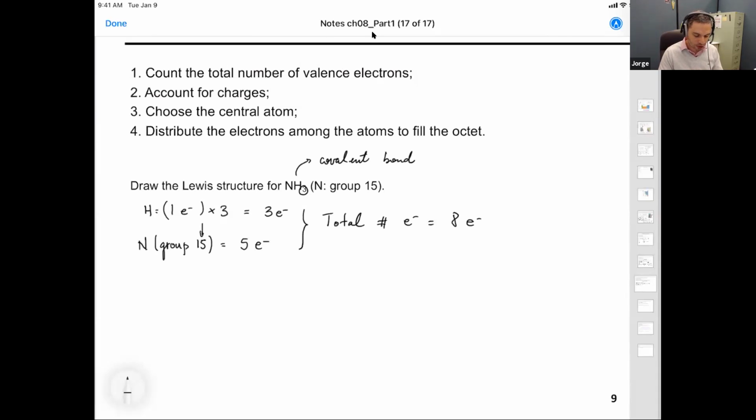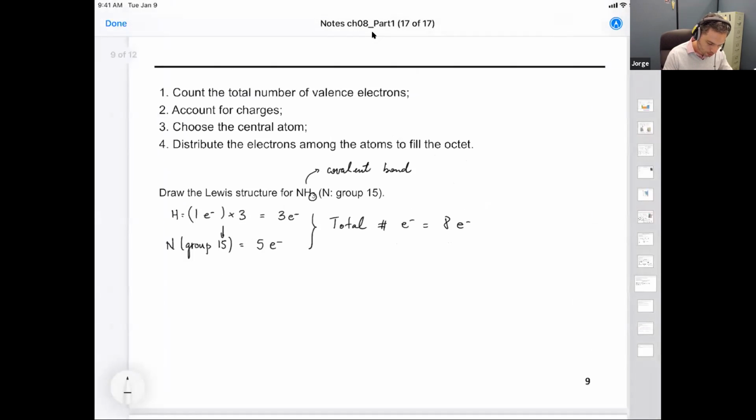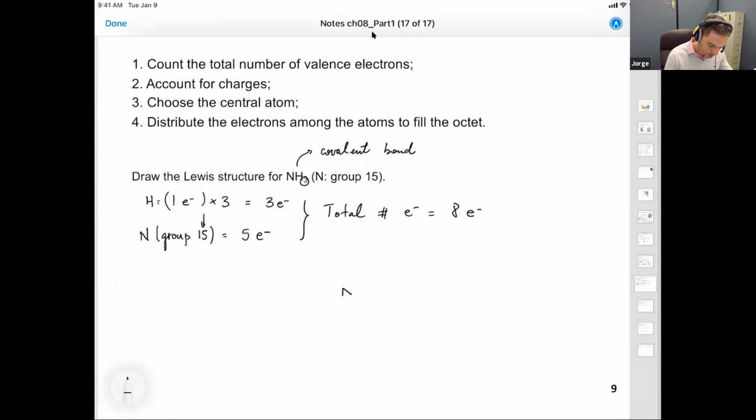There is no charge in this molecule, therefore we don't have to subtract or add electrons. The next step is to choose the central atom. Remember, hydrogen can never be a central atom. Therefore, the only option here is nitrogen. And then we are going to distribute the electrons among all the atoms to fill the octet.